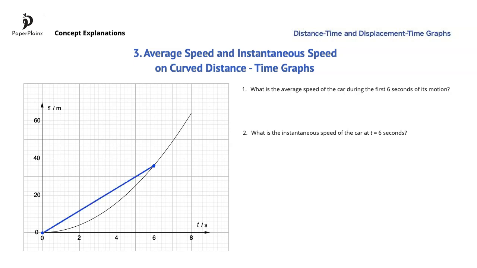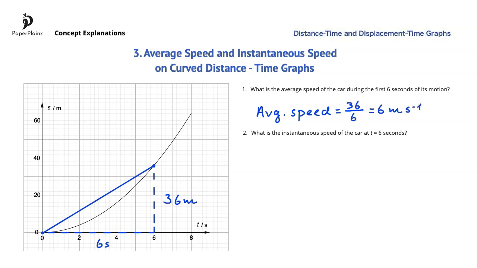The gradient here is change in distance over change in time. This is the change in distance, and this is the change in time. The change in distance is about 36 meters, and the change in time is 6 seconds. So the average speed is 36 meters over 6 seconds, which is 6 meters per second.